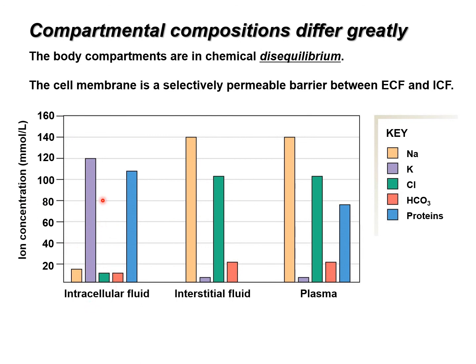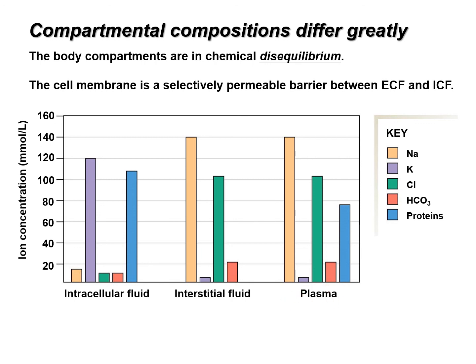So intracellular fluid has high potassium, low sodium, low chloride. But it does have high proteins, and that contributes to the osmolarity inside the cell, running around 300. Interstitial fluid, which is also extracellular fluid, has relatively high sodium, high chloride, and I'm not going to worry about bicarbonate today, but low potassium, and we use energy to sustain that gradient across these two.